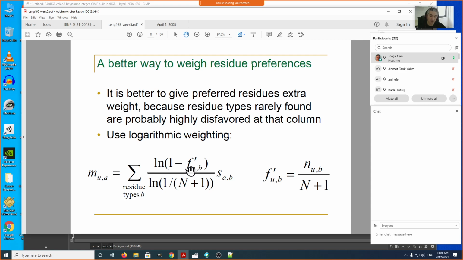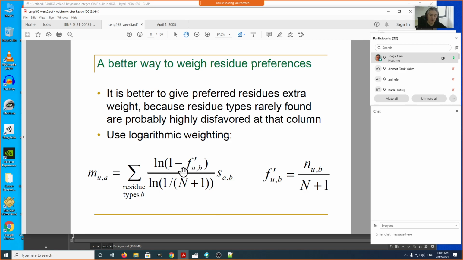So the correct formula should be this. And again, this will have a problem when we have 100% frequency, because it's going to have a positive infinite score, because minus infinity divided by some negative number is going to be positive infinity. So we will again have the infinity problem when the frequency is exactly 1.0.